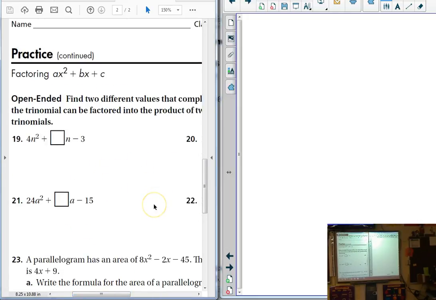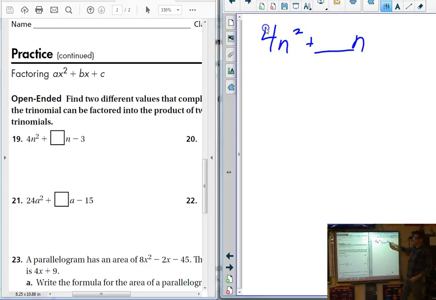What we're looking for with 19, 20, 21, and 22 is if I start with 4n squared, plus some coefficient times my n value, and then minus 3, I can start to factor this out without knowing the middle term because there are constraints on my binomials.